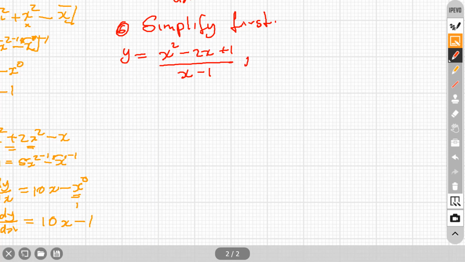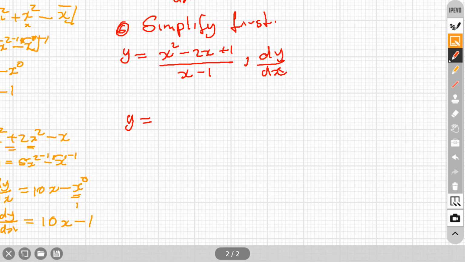In this case, you are asked to find dy dx, so that we can get the hang of it. Before we differentiate, we have to simplify first. So y is equal to, then here let's factorize it. Whenever you have something like this, usually you are required to factorize.